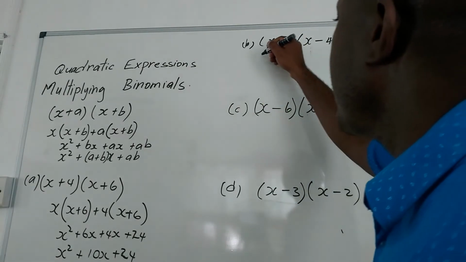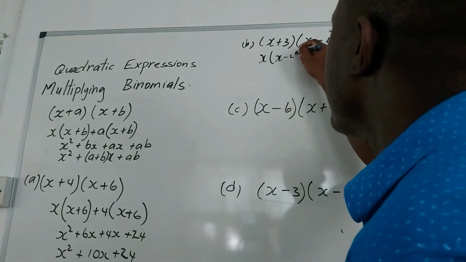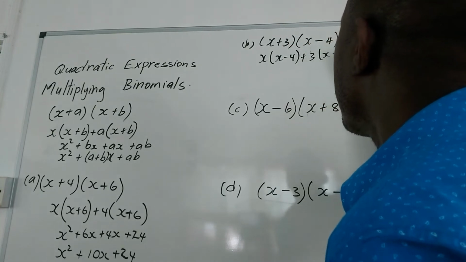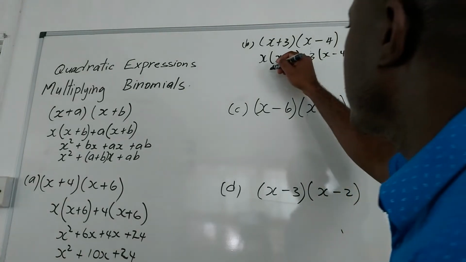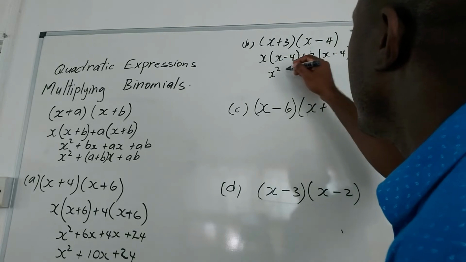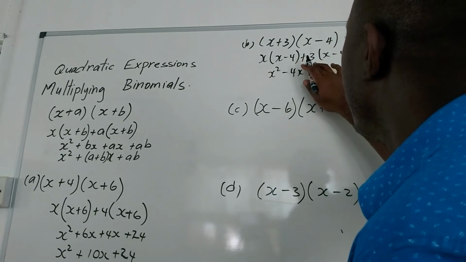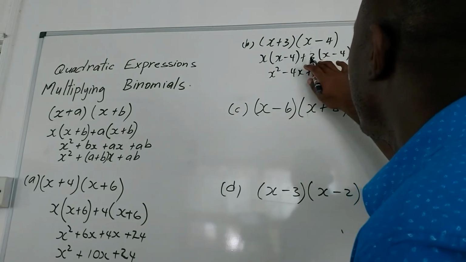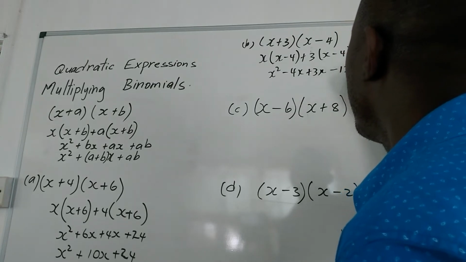So we have x times x minus 4, plus 3 times x minus 4. So x times x will give us x squared, minus 4x, then 3 times x, and 3 times negative 4 will give us negative 12.